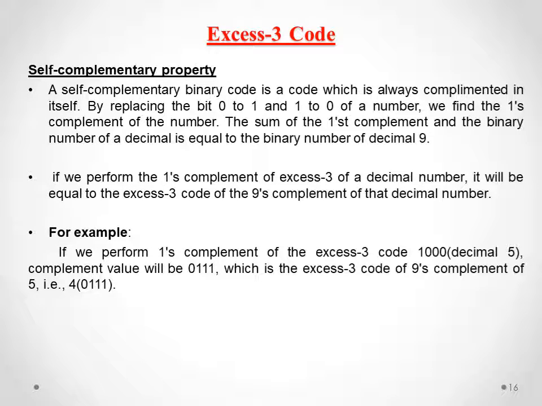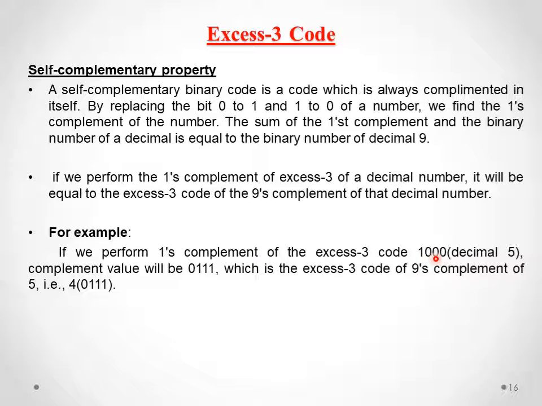XS3 code has the self-complementary property. That means the code is always complemented in itself. How we can obtain the self-complementary property: first we take the one's complement of the given number. For example, we take the decimal 5 in XS3.